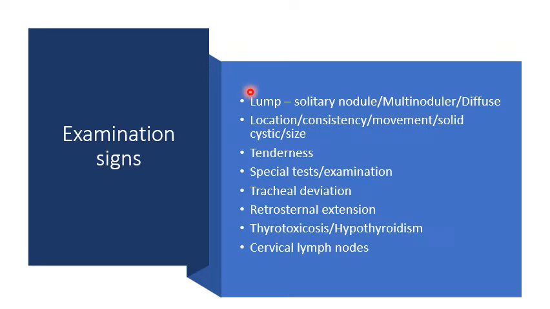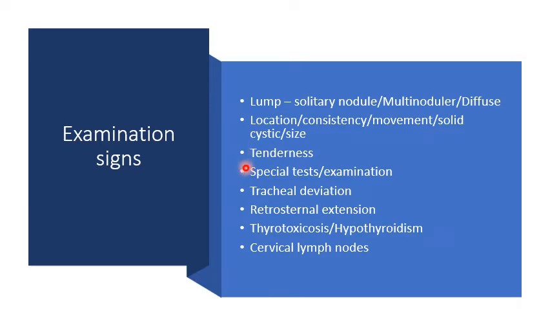The lump must be carefully examined by palpation to see whether it's a solitary or multinodular goiter, whether it is a diffuse swelling or nodular swelling. The location, consistency, movement, whether it is solid or cystic, whether it's fluctuant, and also the actual size of the swelling. Tenderness is another important sign to look for.